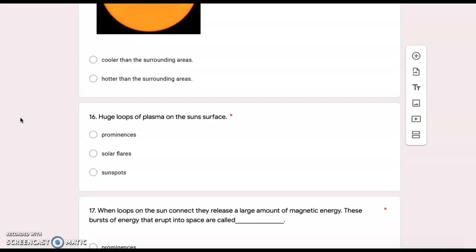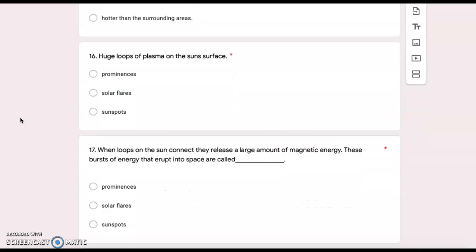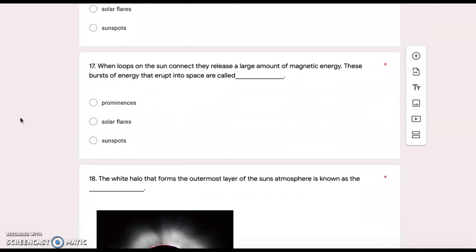Huge loops of plasma on the sun's surface: prominences, solar flares, or sunspots. 17. When loops on the sun connect, they release a large amount of magnetic energy. These bursts of energy that erupt into space are called prominences, solar flares, or sunspots.